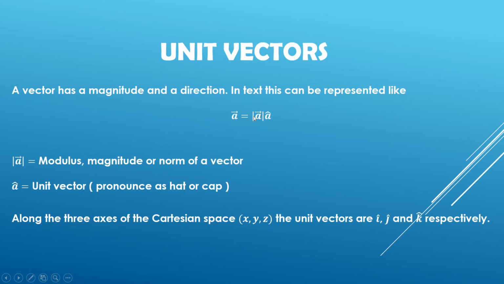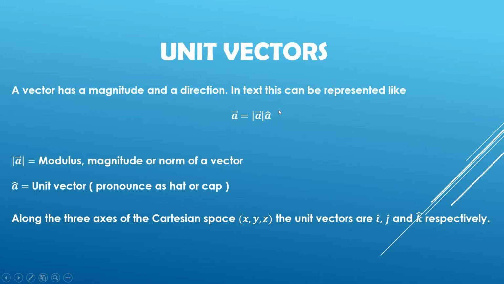This part is known as the magnitude of the vector, the value of the vector, also known as mod of a vector, and also known as the norm of a vector. It is known by three names. And this A cap, also known as A hat, as you can see here, is known as a unit vector.